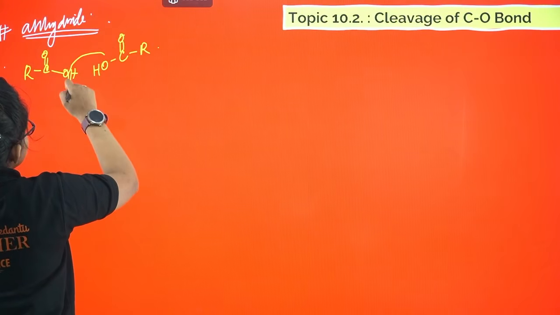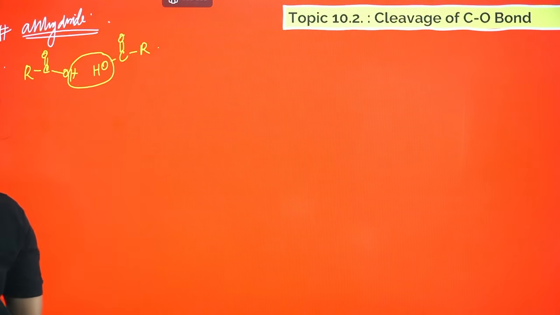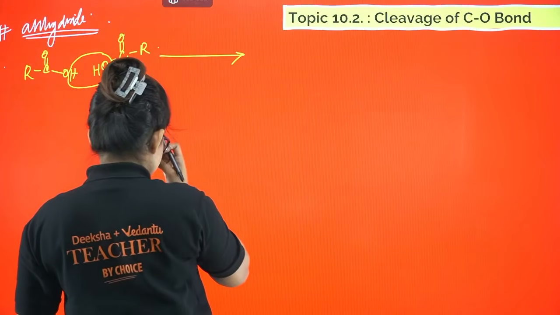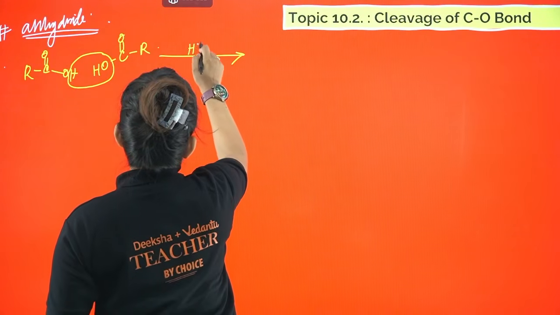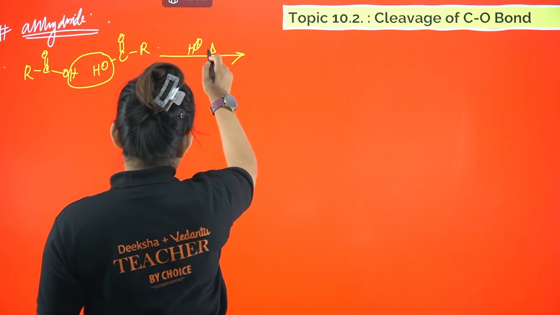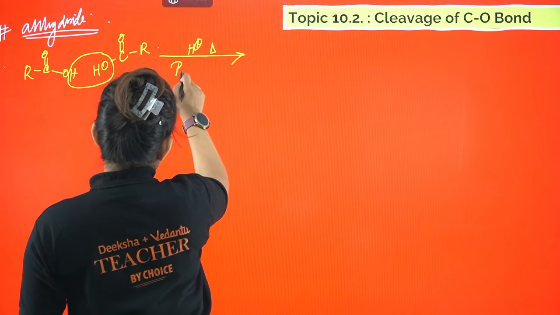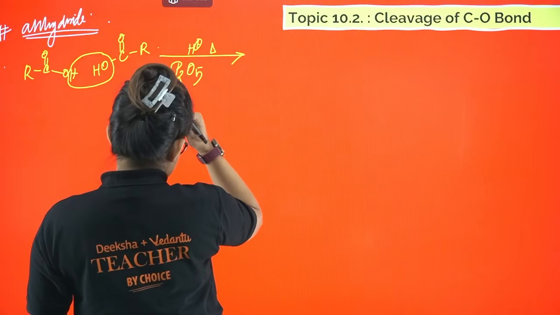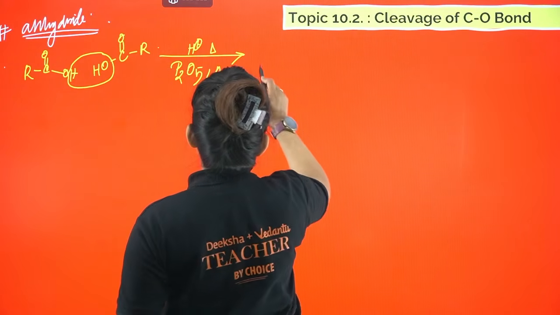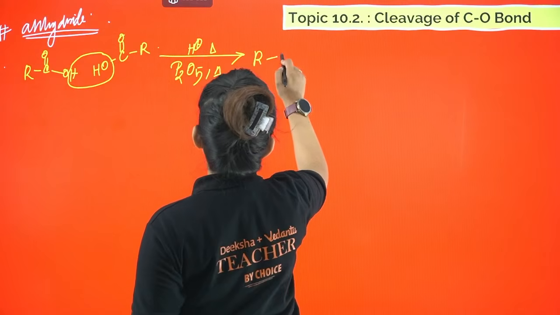Here one OH and one hydrogen get released in the form of water, and you will end up with the anhydride. I have to give the reagent: either H plus and heat, or I can give P2O5 as a catalyst with heat. Okay, I will end up with the anhydride formation.